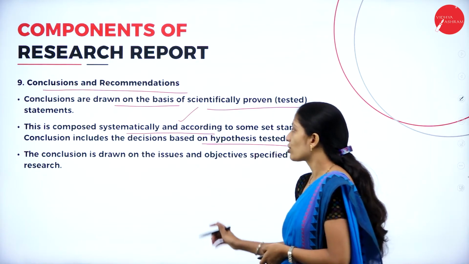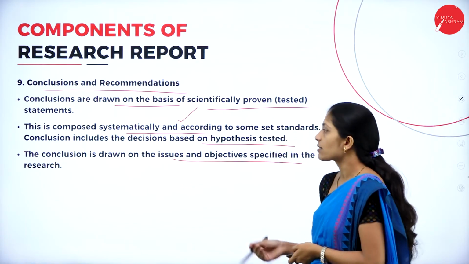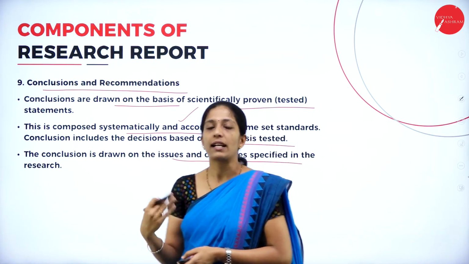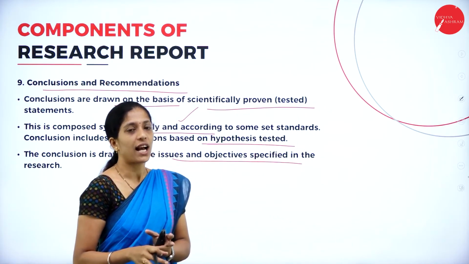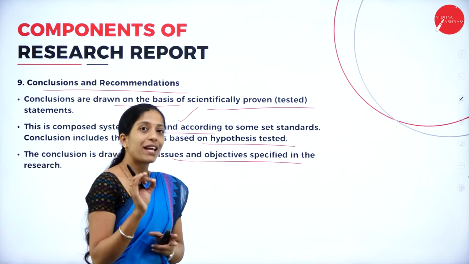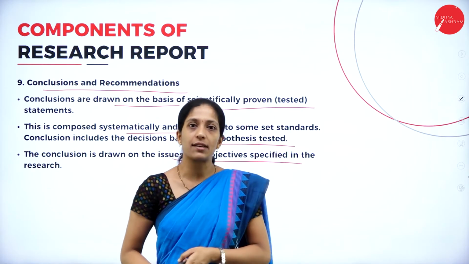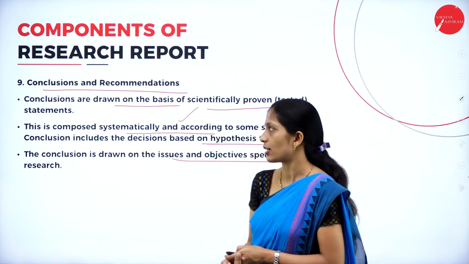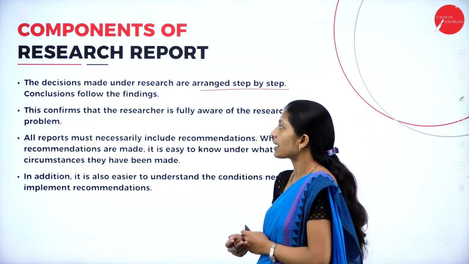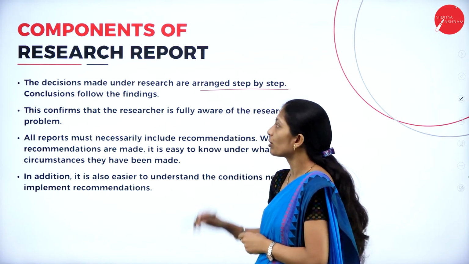The conclusion is drawn on the issues and objectives specified in the research. So, conclusions and recommendations should be based on hypothesis testing, and based on the ultimate result the researcher has got in his research work. The decisions made under research are arranged step by step. So, conclusions include the following.